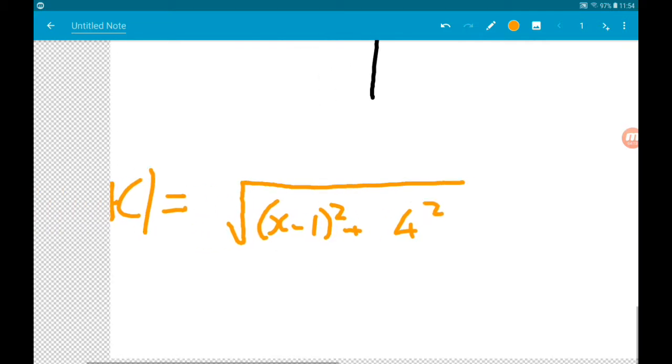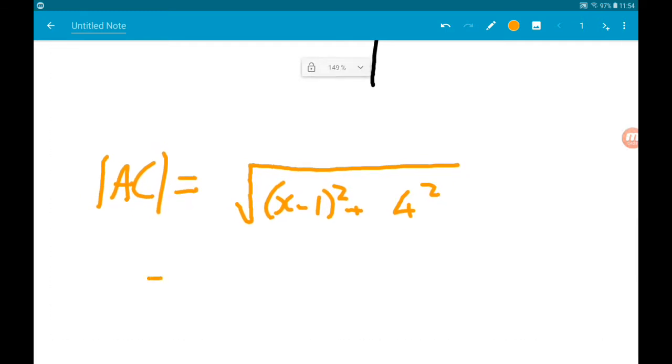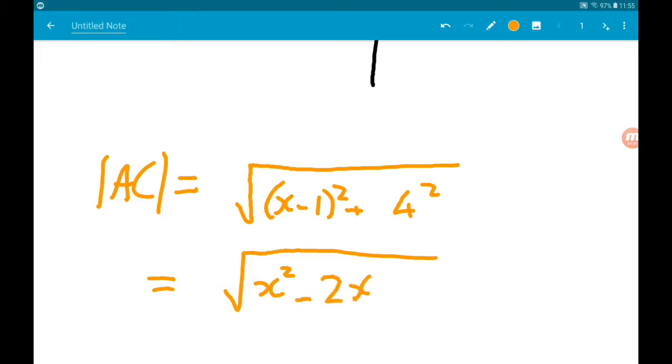Of course, what we're really doing is finding the magnitude of the vector A to C. So that's the square root of x squared minus 2x add 1, and then add 16, so add 17.